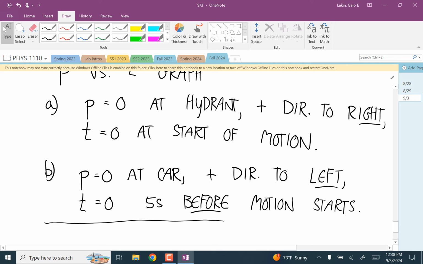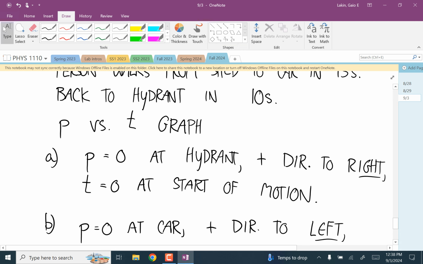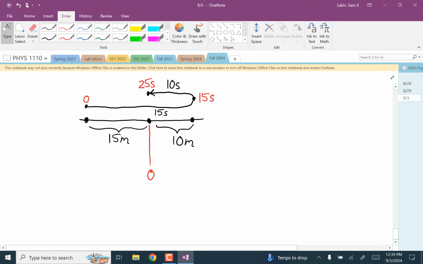We just chose a different thing to reference. So this 0 position sticker is just a reference, and it's arbitrary what you choose as your reference. For part A, we're putting this sticker down on the fire hydrant and measuring everything compared to the fire hydrant. So the fire hydrant is our 0.